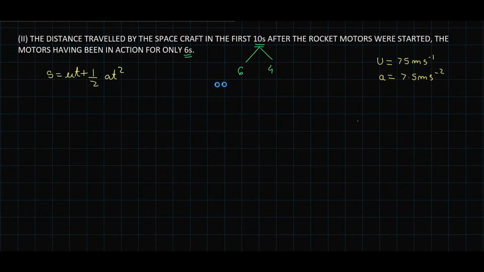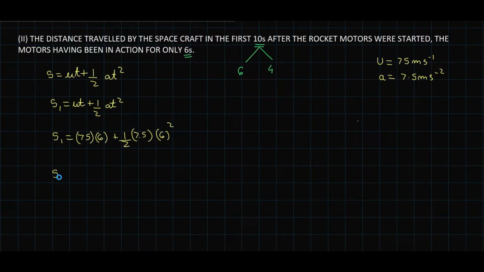Let the distance traveled in the first 6 seconds be S1. So S1 equals ut plus half at squared. Now S1 equals the initial velocity, which is 75, times the time, 6 seconds, plus half the acceleration, which is 7.5, times 6 squared.